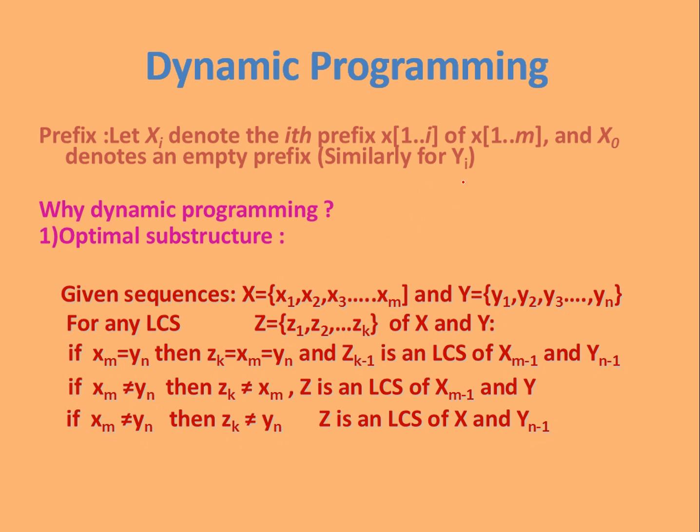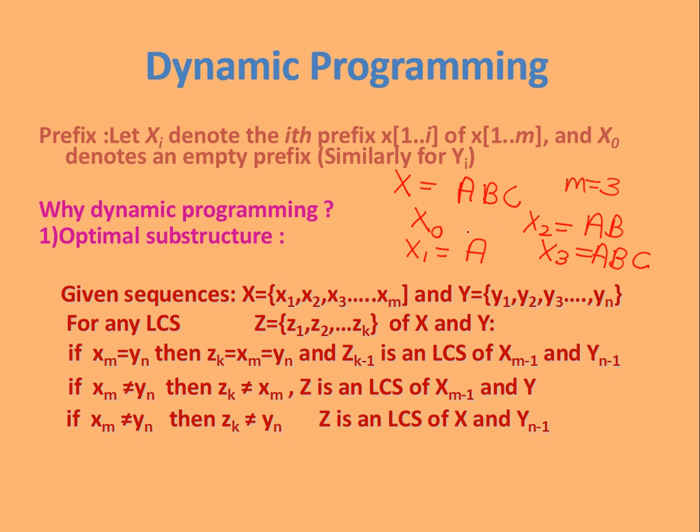If say you have a string A, B, C, this is your x, m is equal to 3, then x0 is an empty prefix, it doesn't contain anything, x1 is equal to A, x2 is equal to AB, and x3 is equal to A, B, C. So x0, x1, x2 and x3 are prefixes.